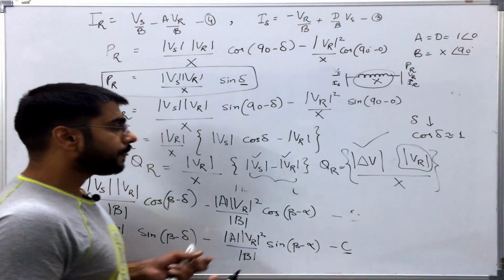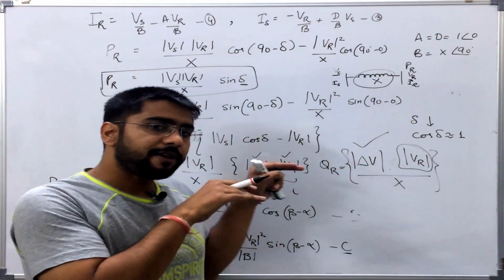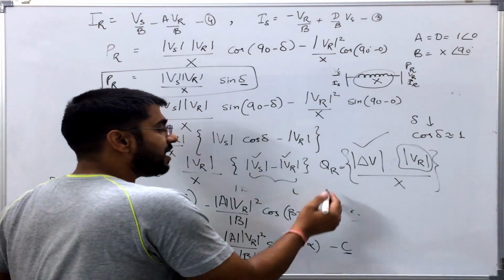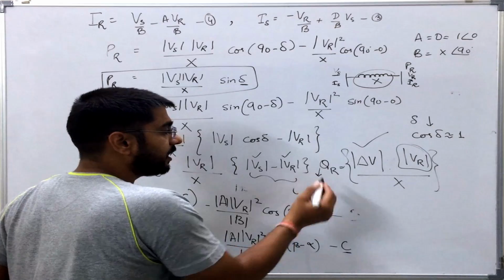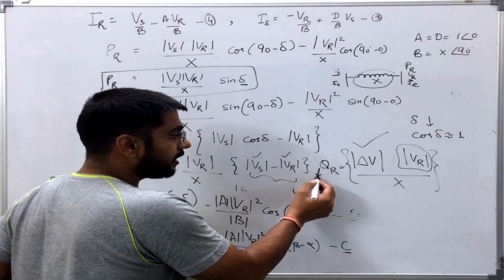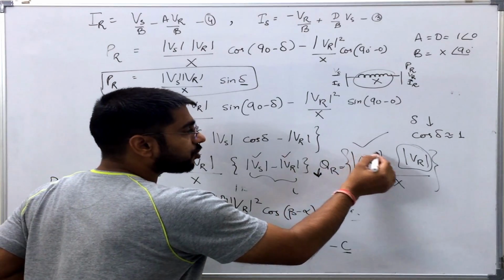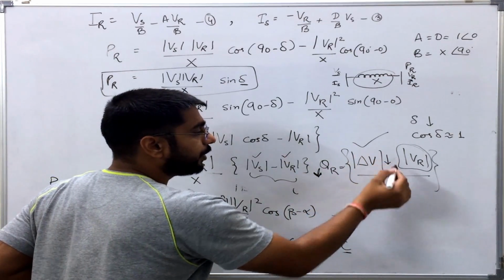To avoid a very large drop across the length of the line, we try to minimize the reactive power demand on the line; then the voltage drop across the length of the line will be reduced.